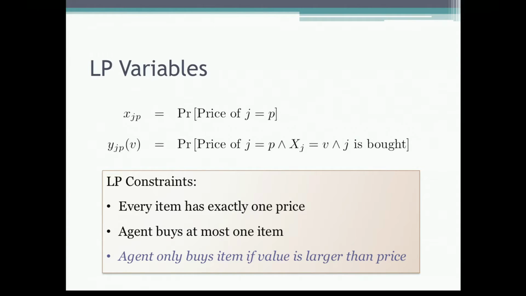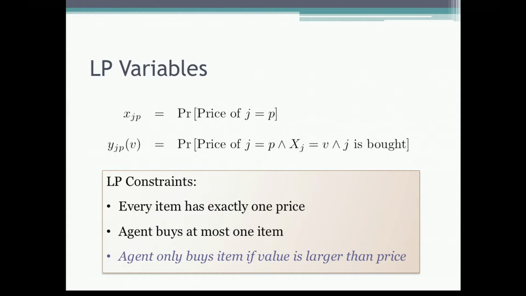And yjpv is the probability that the price of j is p, and the value of the agent for item j is v, and j is the item that is actually bought. That these three things have happened. Let's call that yjpv. Is this clear?